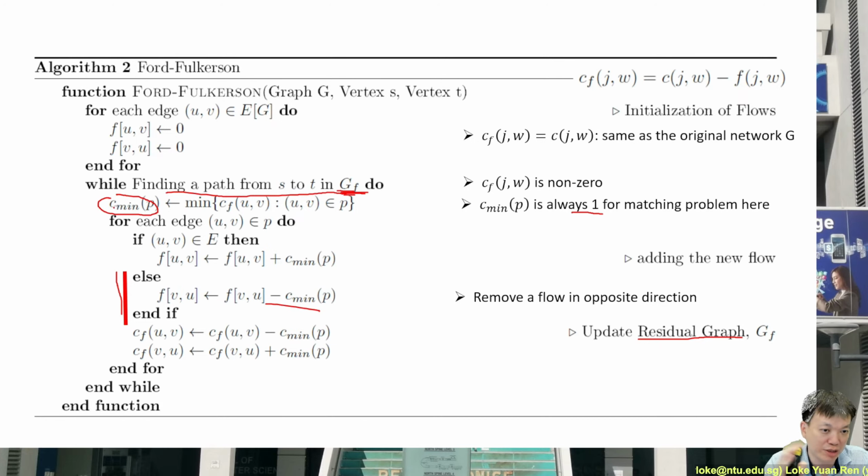It probably is not such a matching problem. This algorithm not only solves the matching problem. It's just one of the problems it can solve. It can solve a lot of other problems in weighted directed graphs.